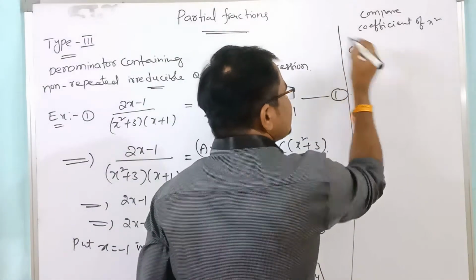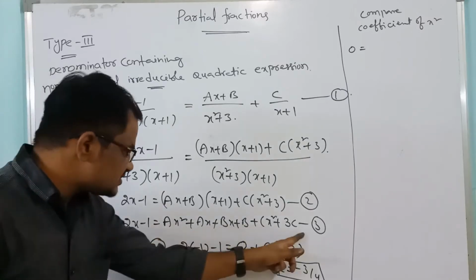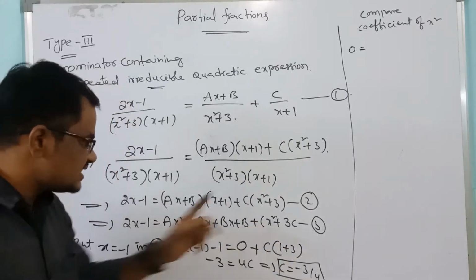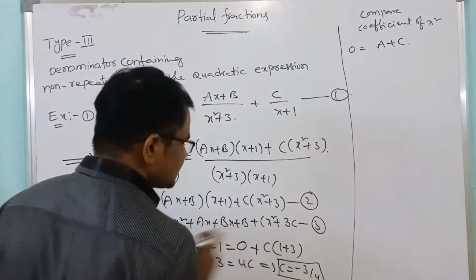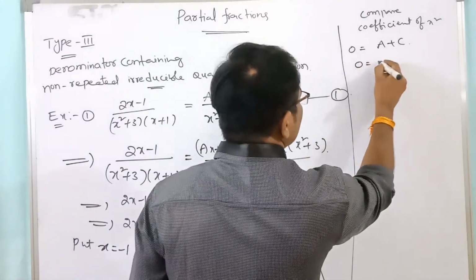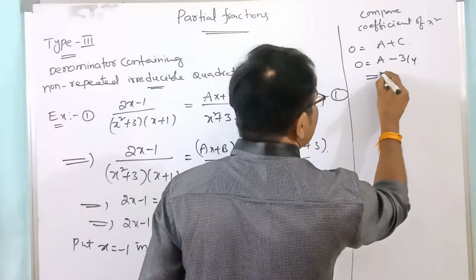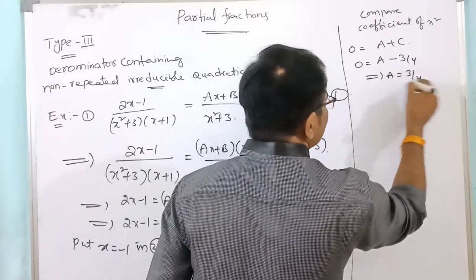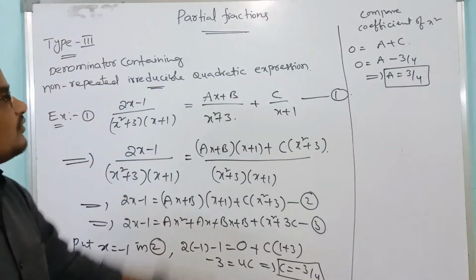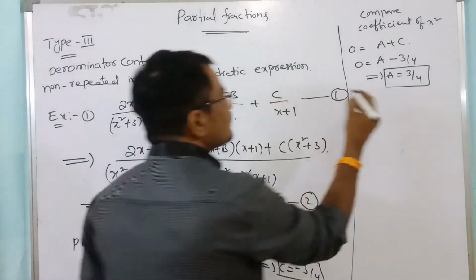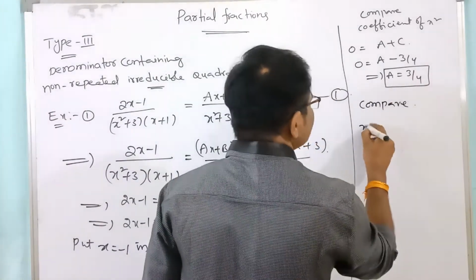Next, the right side x² coefficient is what? Here A is there, here C is there. So A + C. But the C value is already known, so 0 = A - 3/4. That implies A = 3/4. Like this, the A value you got. Next, for getting the one more value, B, again compare the x coefficients.